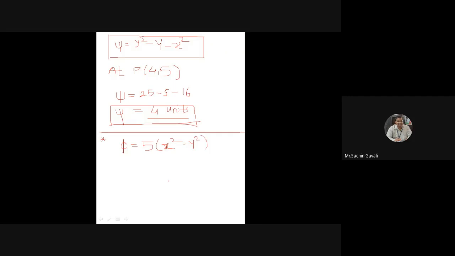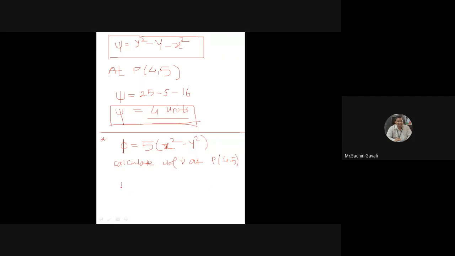Calculate u and v at P, or any point, P (4, 5).